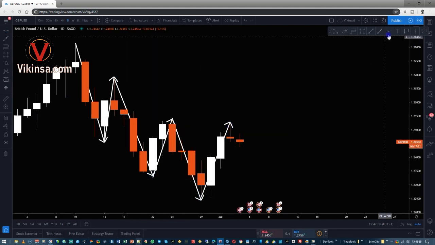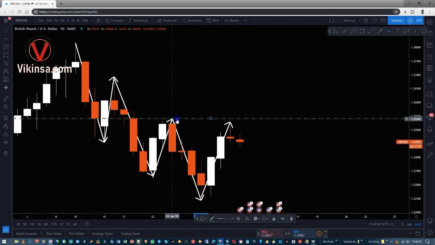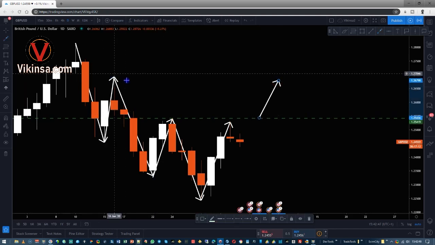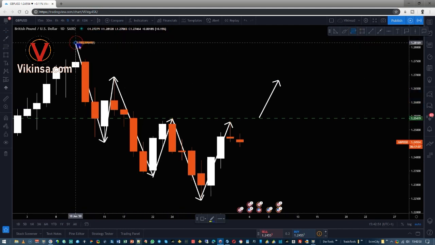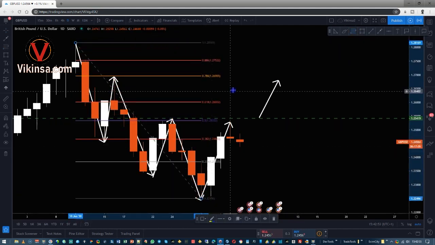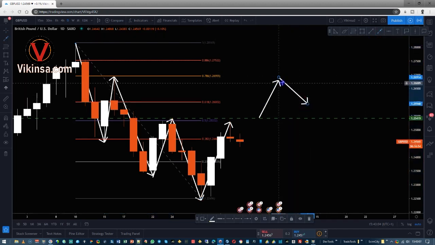If this structure level is broken, then we can look for a long entry going into this structure level, or we can draw Fibonacci on this entire leg and see that it is probably going to coincide with the major Fibonacci level, which is 78.6. So we are going to take long profits from there, and then we can reverse our position based on our entry confirmation, and we can go short to take our profits.